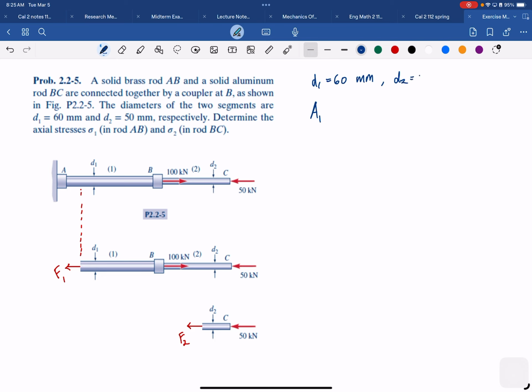Diameter 2 is 50. I check with my calculator whether the answer is correct. So using the diameter, this will be 60 millimeters squared, over 4, right?